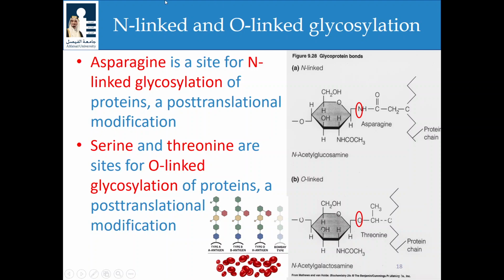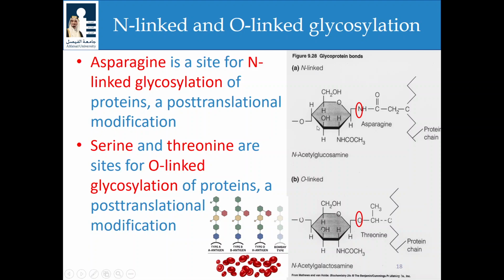Okay, so if you have a protein, let's say, and this protein contains an asparagine, which is an amino acid with an amino group here in the R, this asparagine can be modified by adding a sugar to it. And this sugar, we can attach it to the N of the asparagine. That's why we call it N-linked glycosylation. In biochemistry, we have N-glycosylation and O-glycosylation.